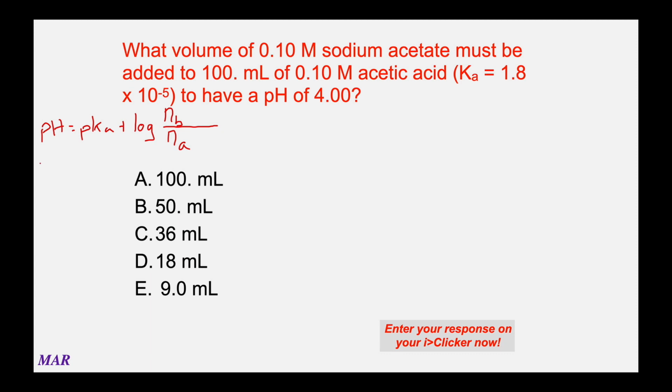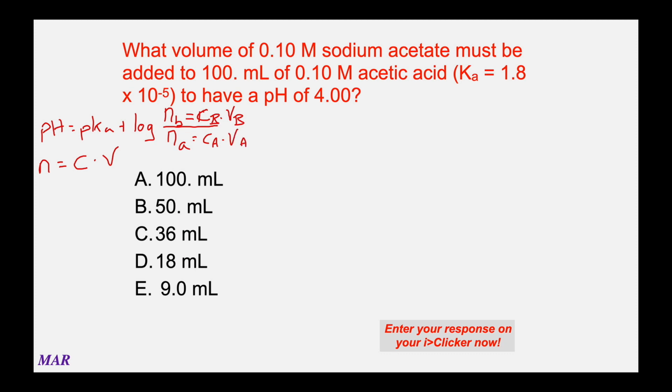Moles equal the concentration, molarity, times the volume, all right? So instead of writing moles of base, you can also write the concentration of the base times the volume of the base. And for moles of acid, you can write concentration of acid times volume of acid.